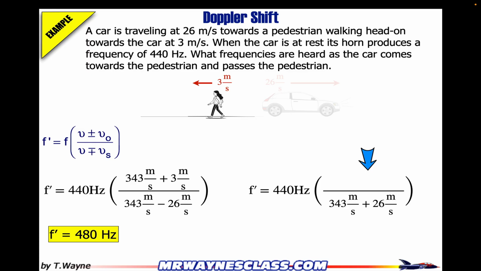And now I've got to figure out what I'm going to do in the numerator so that the fraction gets smaller. That means I've got to make the numerator smaller as well. So I'm going to subtract the speed of the observer. So the wave speed minus the speed of the observer in the numerator. At this point, I can just do the math and I get the heard frequency by the observer after they pass is 405 hertz.